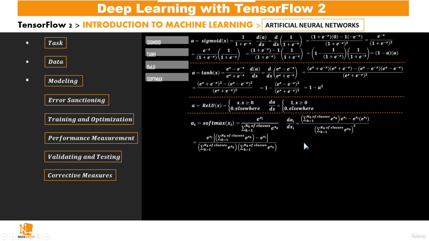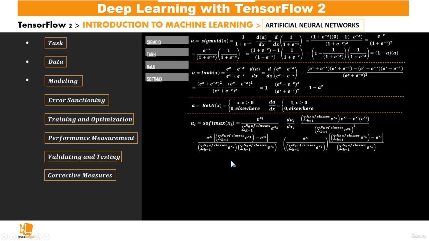Then we move on to rearrange this numerator and the denominator too. We factor out e to the xi, and we have e to the xi times this, which is given here, minus e to the xi. We factored it out, divided by this times itself, which is simply the square, which is this times this.